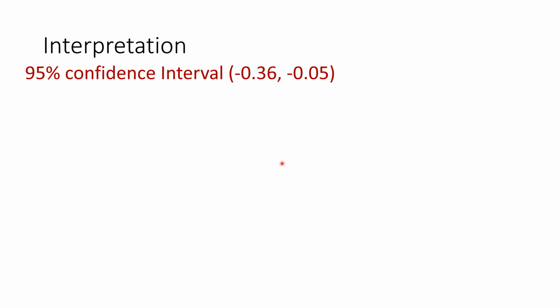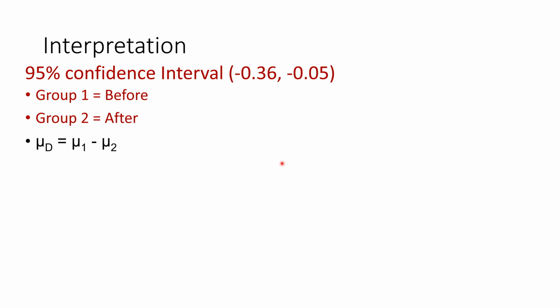So how should we interpret the 95% confidence interval, negative 0.36 and negative 0.05? So group 1 is the data before the treatment, and group 2 is the data after the treatment. And we are interested in the population mean difference, μd.